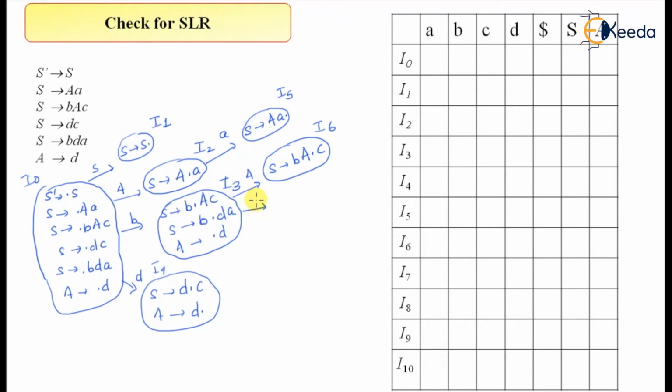On input D, we have S derives B D dot A and A derives D dot, both, and that gives you I7.